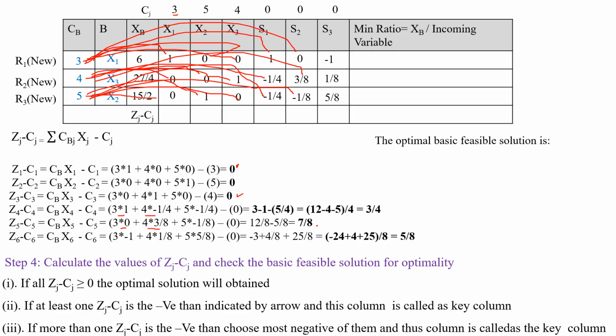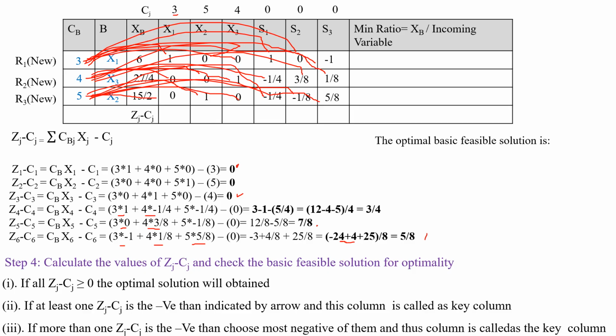And next one is 3 into minus 1 plus 4 into 1 by 8 plus 5 into 5 by 8 minus 0, and here 3 into minus 1 is minus 3 plus 4 by 8 and plus 25 by 8. So here LCM is 8, then 24 plus 4 plus 25 divided by 8, it is 5 by 8.